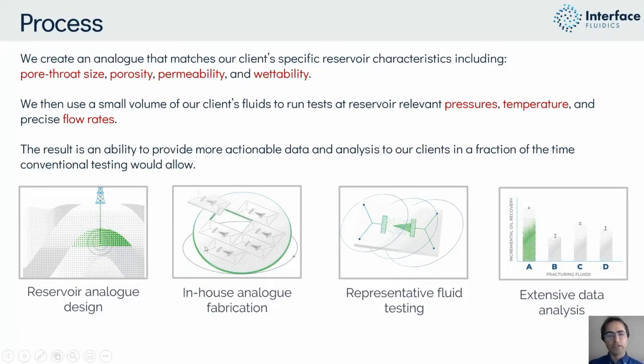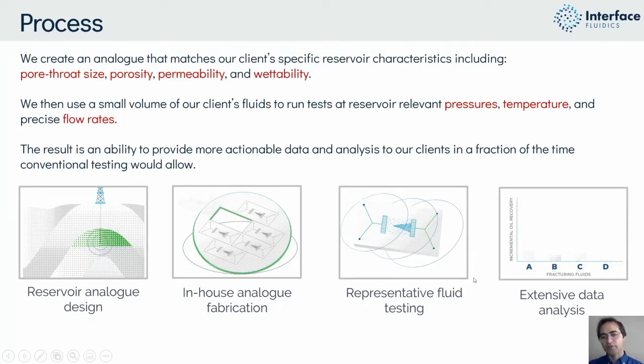Everything is done in-house at Interface: we design analogs and then fabricate them on the silicon substrate. Next, we use the reservoir fluids, including brine and oil, to do our testing.